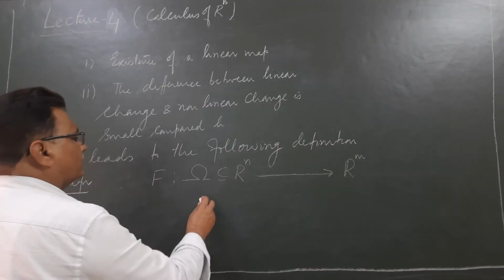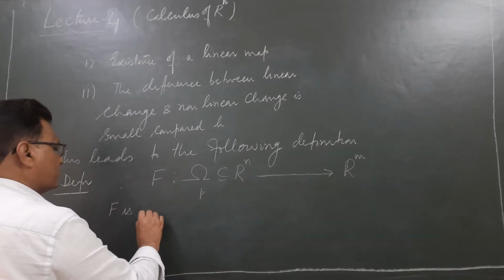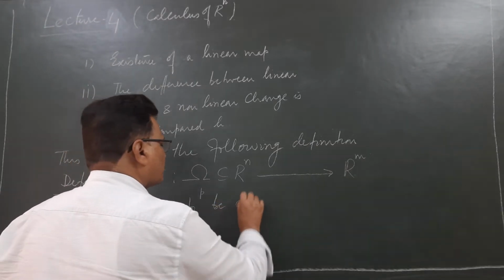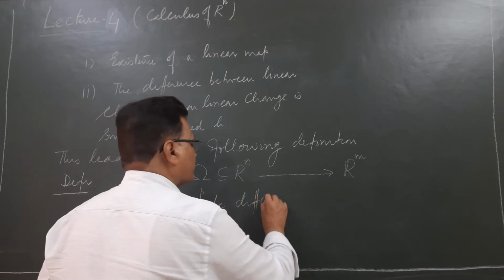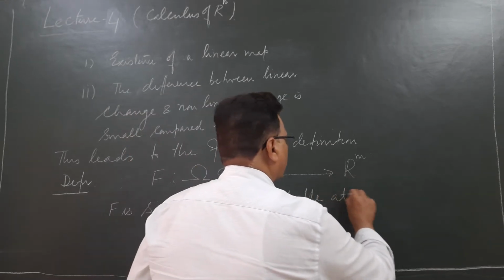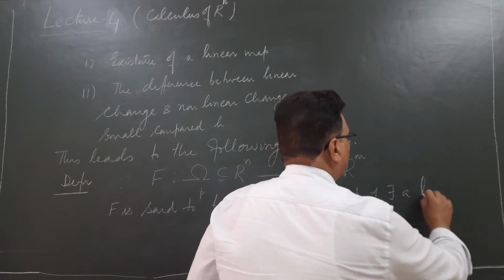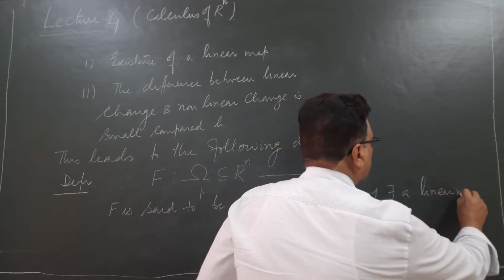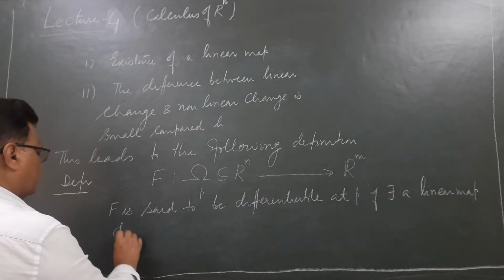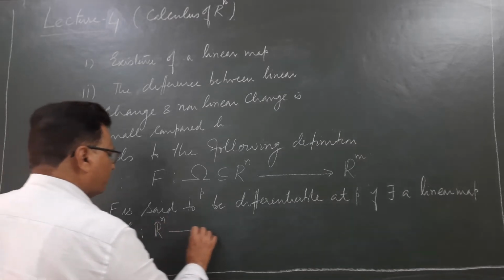So, pick a point P over here. f is said to be differentiable at P if there exists a linear map, we call it DFP, and this is from Rn to Rm.